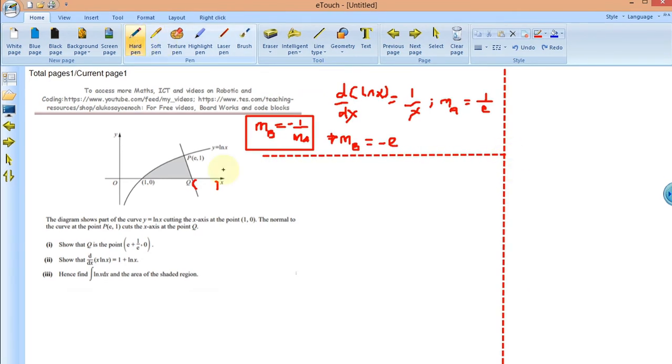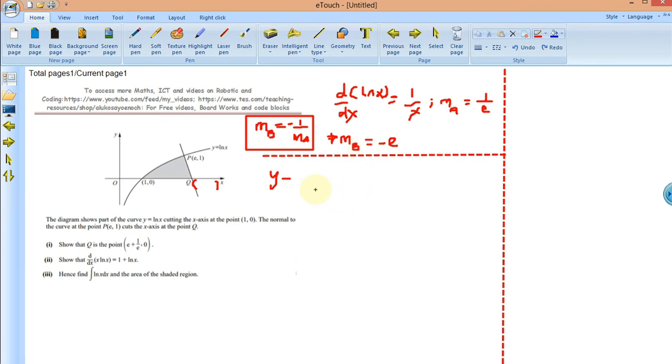So y minus y1, where my y1 here is 1. Did I do anything wrong? The diagram shows the normal to the curve at point P cutting the x-axis. The gradient is 1 over x, that is 1 over e, then the negative inverse. So I think I'm right. Let's just continue.